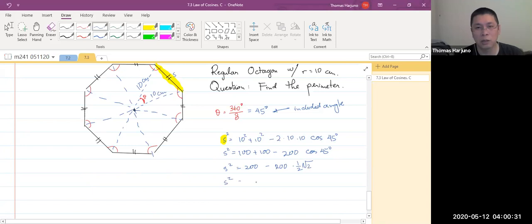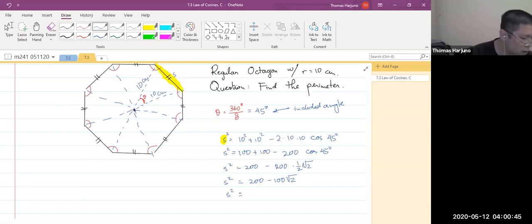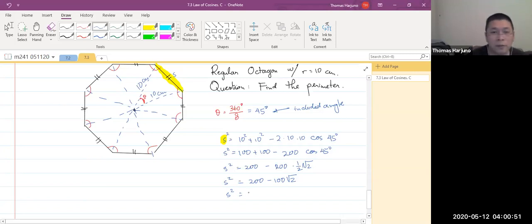So this is 200 minus 100 radical 2. Let's use my calculator. 200 minus 100 radical 2 is 58.57864. When I do the square root, I get 7.65367.